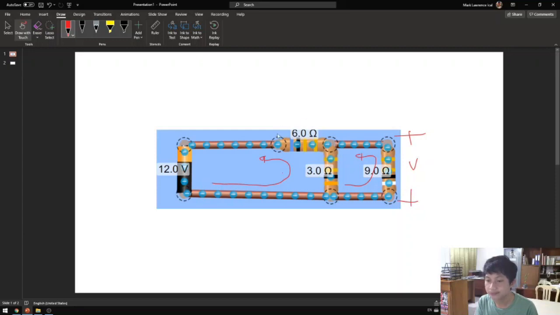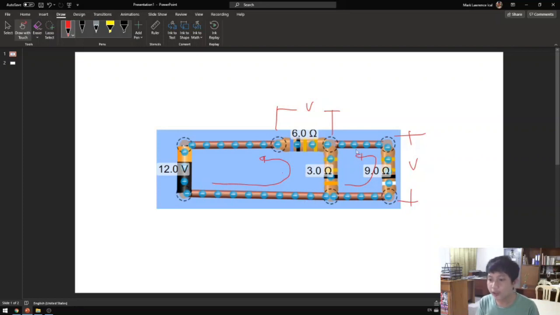This is quite tricky because we are talking about a combination of series and parallel resistors. All you need to remember is to stick to the rule. When we talk about parallel, the voltage is the same and the current is not. In series, the current is the same, the voltage is not.